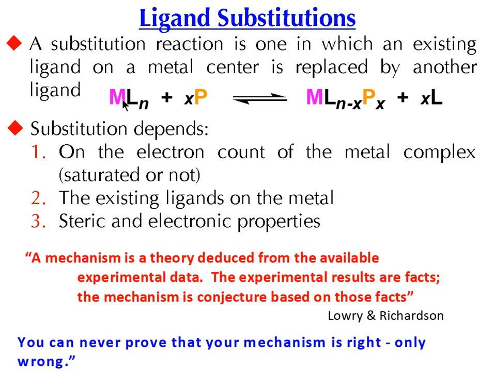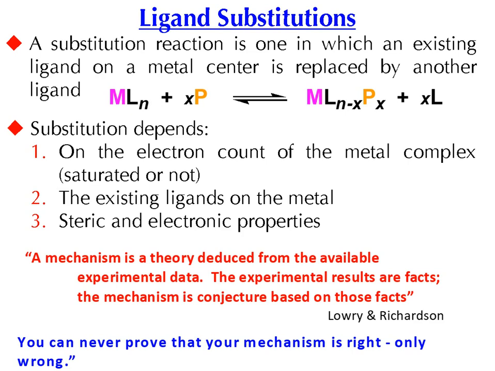The substitution reaction depends on several factors. Factor 1 is the electron count of the metal complex, whether the complex is saturated or not. If the complex is a saturated 18-electron complex, it cannot add a ligand P directly.